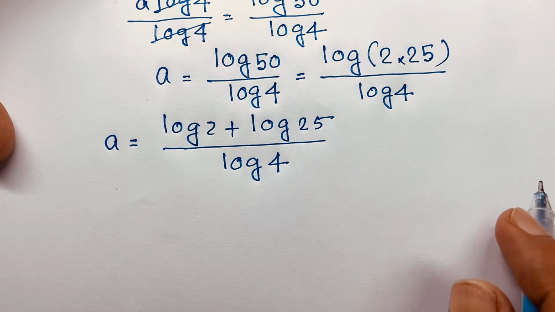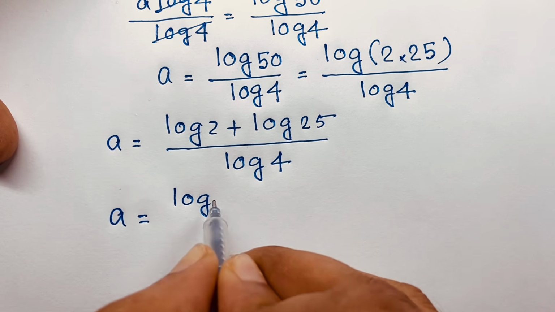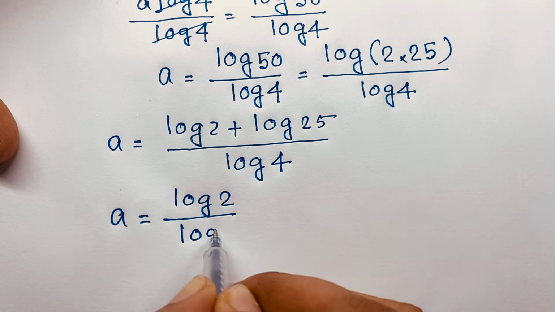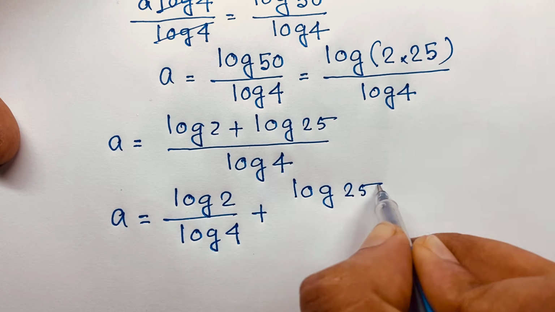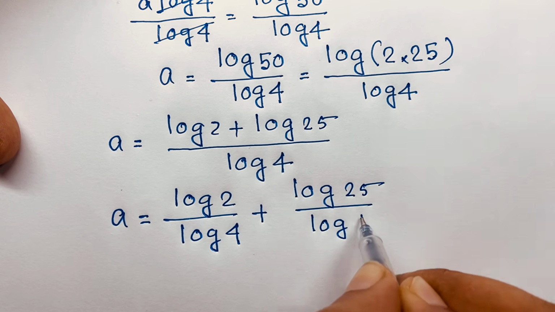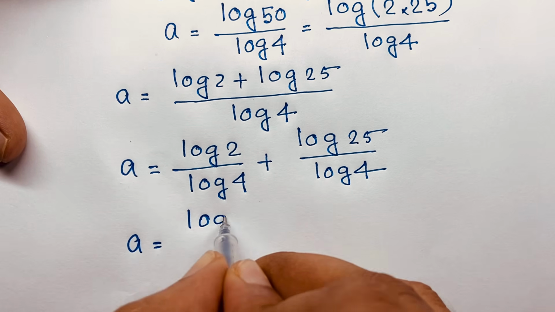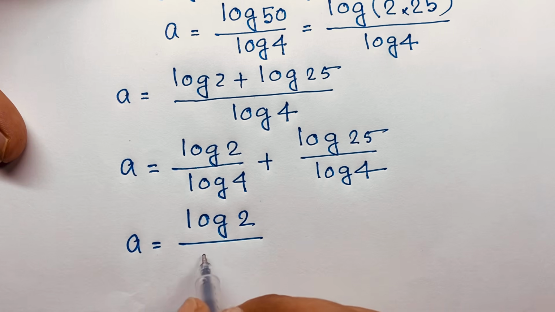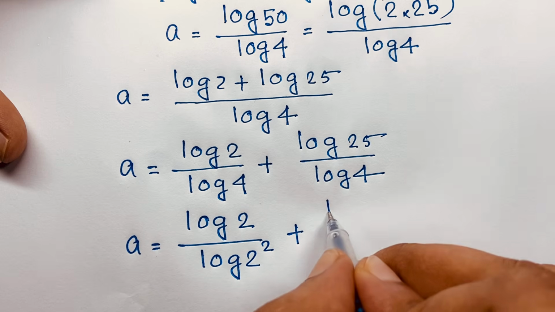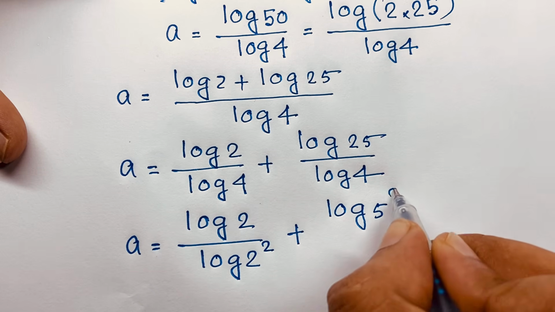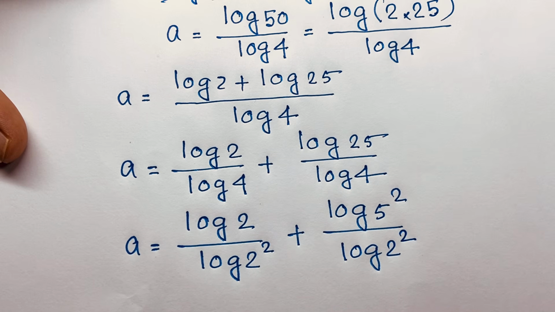Now if I separate this fraction, we will find a is equal to log 2 over log 4 plus log 25 over log 4. Now we know that log 4 will be log 2 to the power 2, and log 25 is log 5 to the power 2, over log 4, which is log 2 to the power 2.